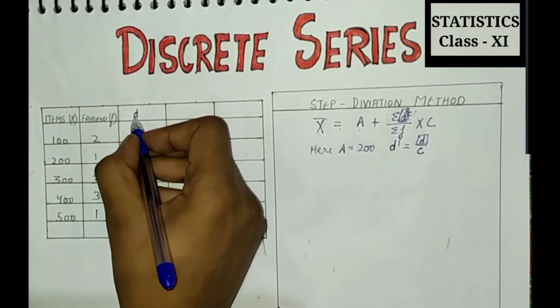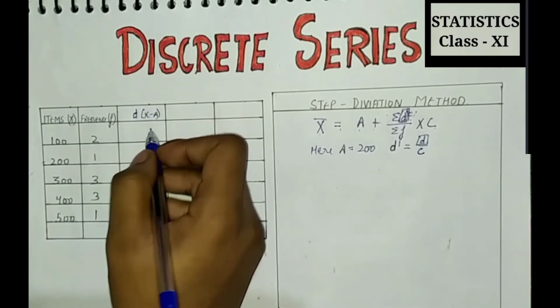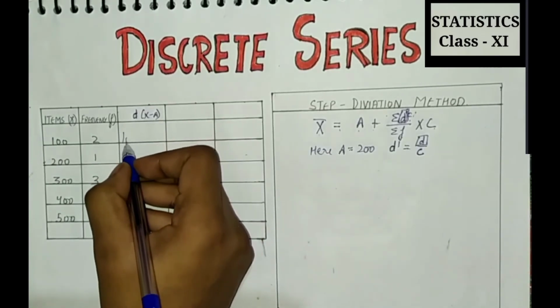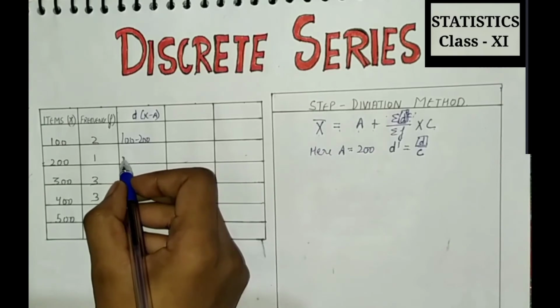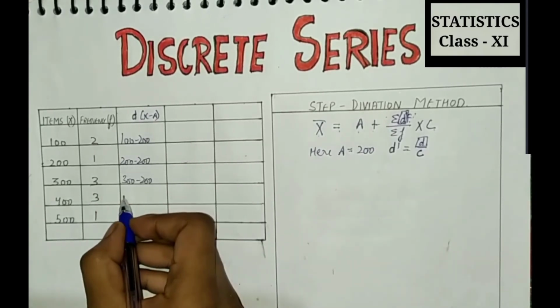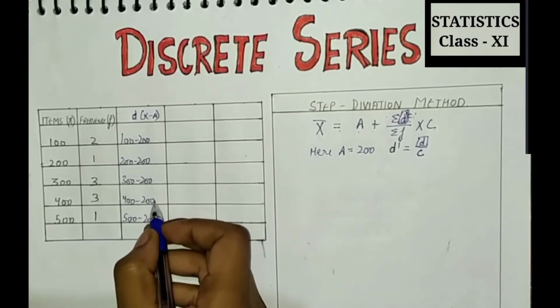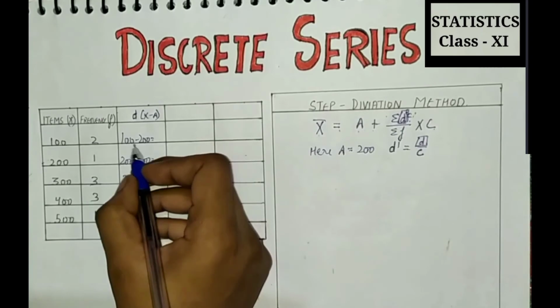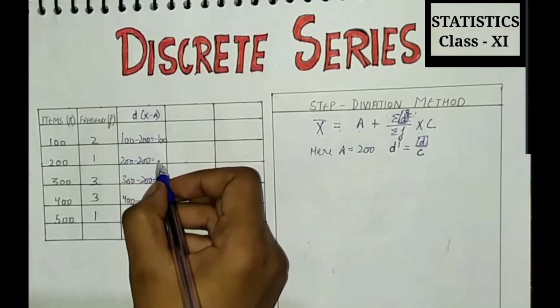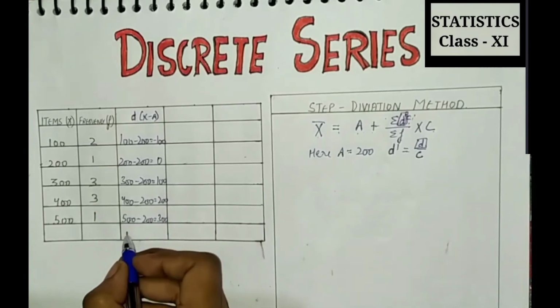The next column is d, and the formula for calculating d is x minus A. So 100 minus 200, 200 minus 200, 300 minus 200, 400 minus 200, 500 minus 200 is equal to minus 100, 0, 100, 200, 300.